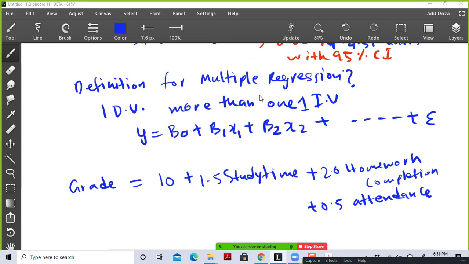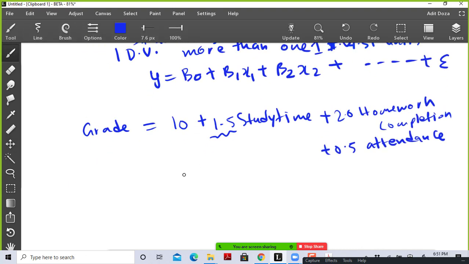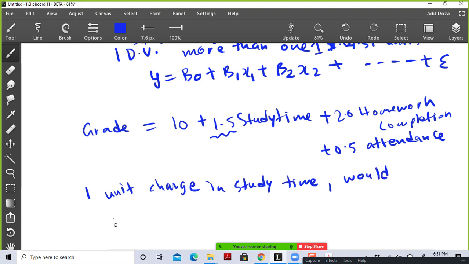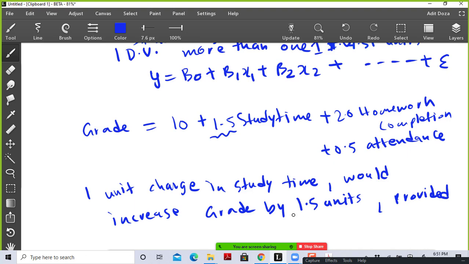So if I say interpret the coefficient of study time, how would you interpret it? A 1 unit change in study time would increase the grade by 1.5 units, provided other independent variables are constant.